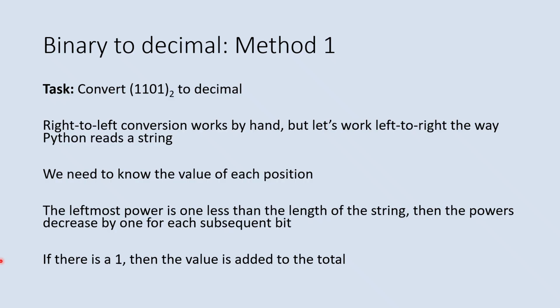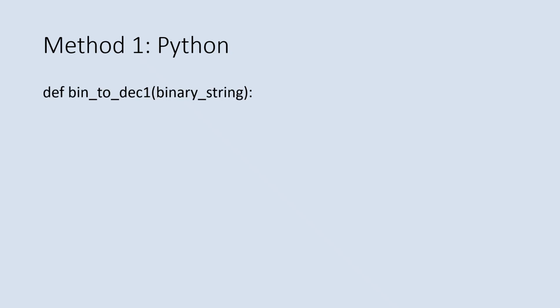If there's a 1, we're going to add that value to the total, and if there's a 0, we're not going to add that value to the total. So this describes the steps, the idea of the function that would be able to convert from binary to decimal.